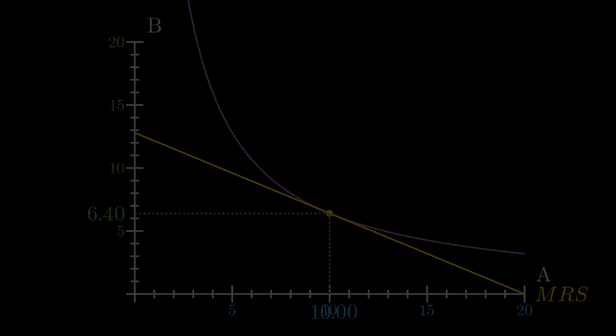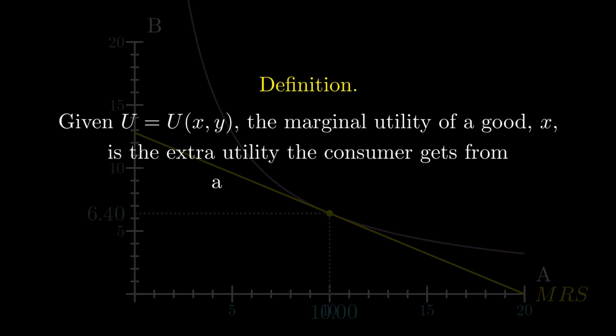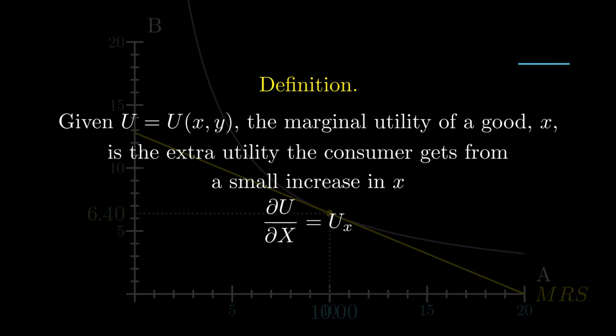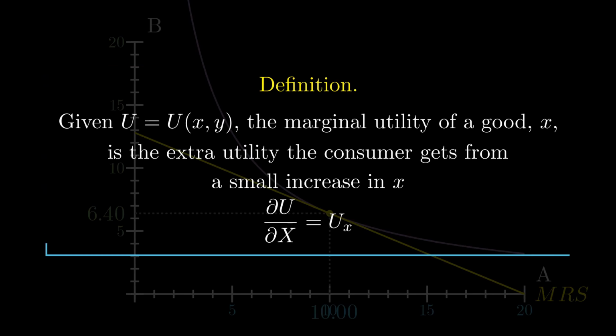And specifically, to get at this relationship, we need to introduce what we call marginal utility. Given some utility u as a function of x and y, the marginal utility of good x is the extra utility the consumer gets from a small increase in x, the derivative of u with respect to x.